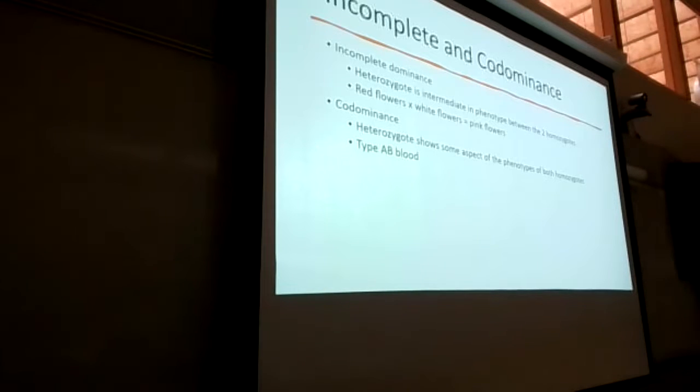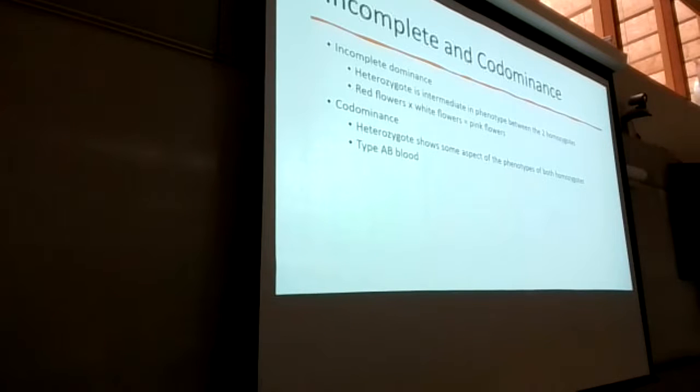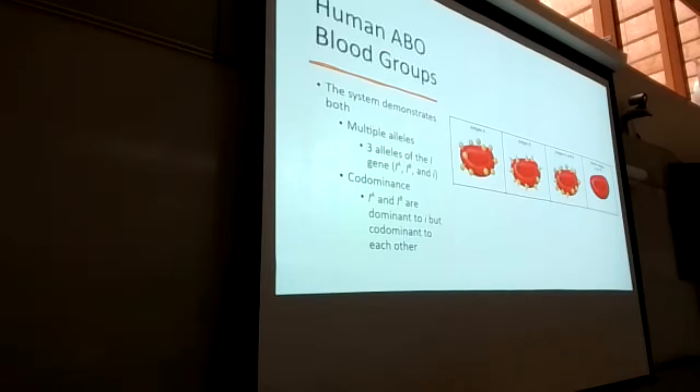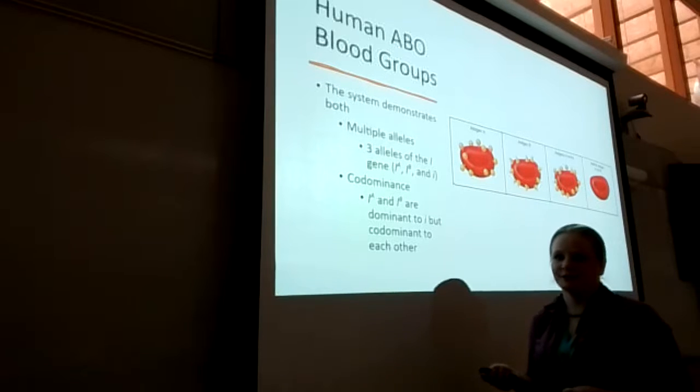Probably some of you are more well versed in blood type than I am, but the receptors on your red cells are determined by your blood type, so people that have both alleles have receptors of the A type and receptors of the B type. You can look at this if you're interested in blood types.